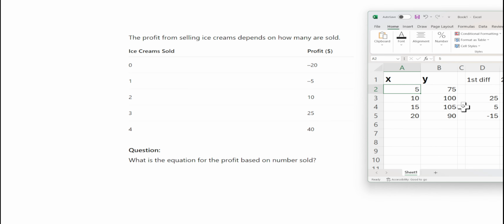So 0, 1, 2, 3, 4. Minus 20, minus 5, 10, 25, 40.